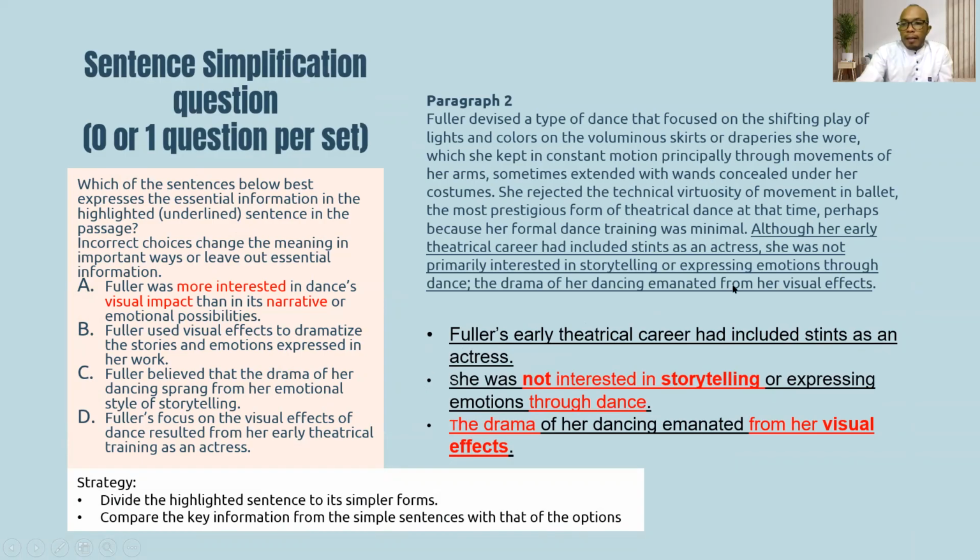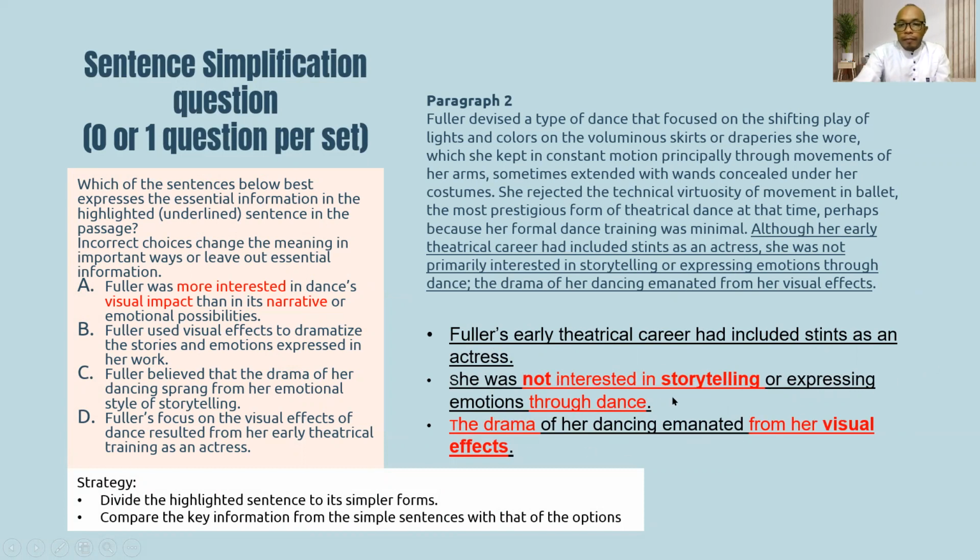This is based on the first part of the sentence. Now, the second one says she was not interested in storytelling or expressing emotions through dance. And the third one says the drama of her dancing emanated from her visual effects.